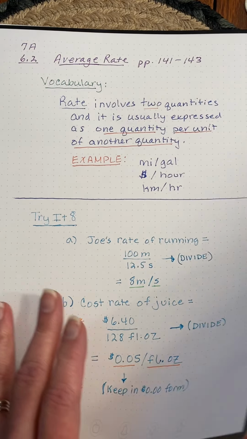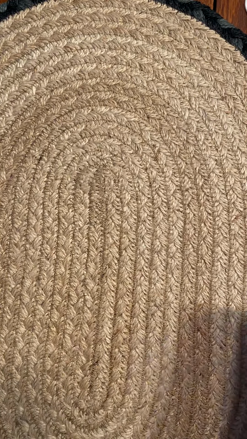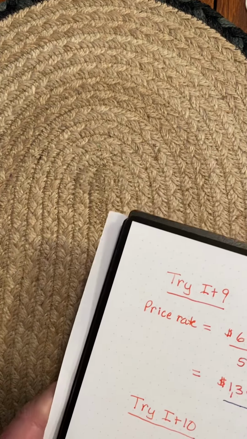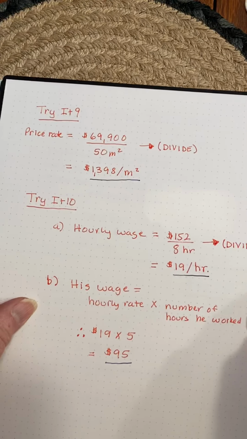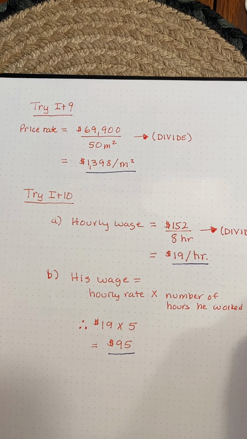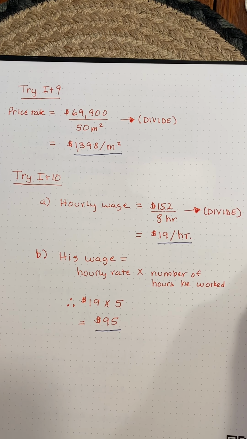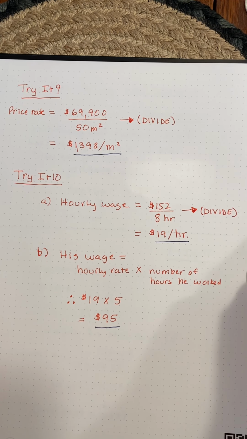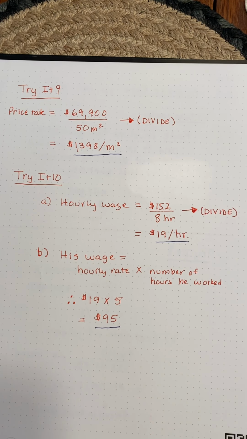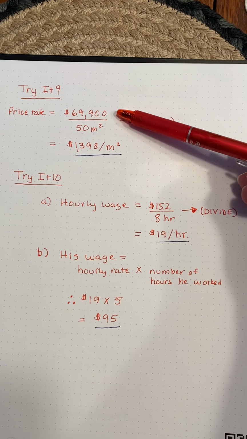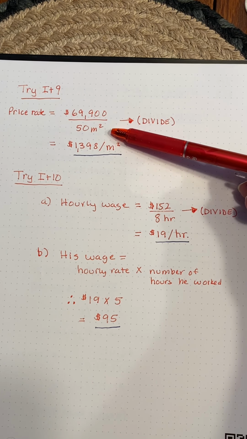Continuing on, page 143, example 9. Here, the directions are: the price of a 50 square meter apartment is $69,900. Find the price rate of the apartment in dollars per square meter or meters squared. Again, you take the total amount, divide it by the total space.